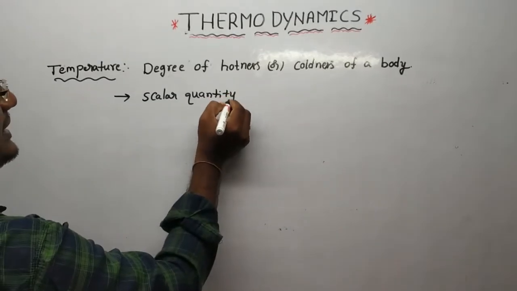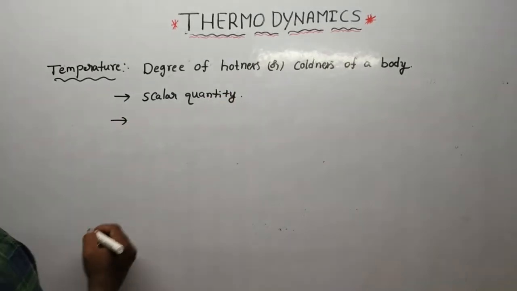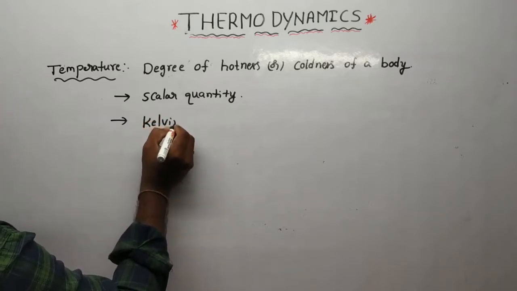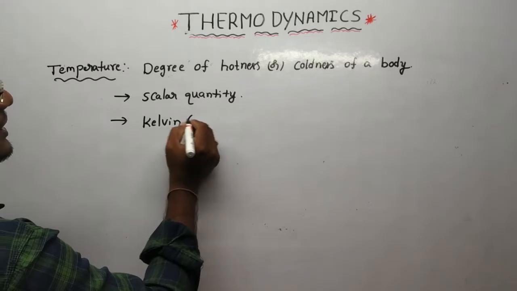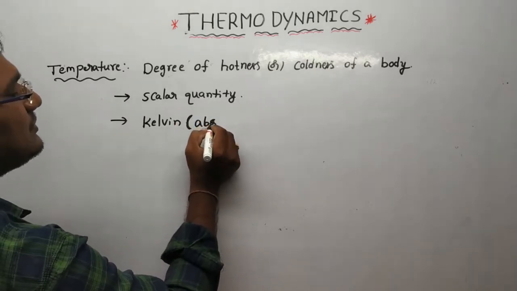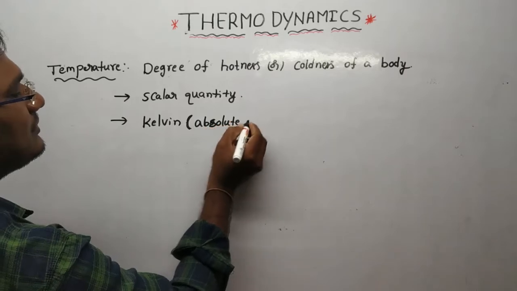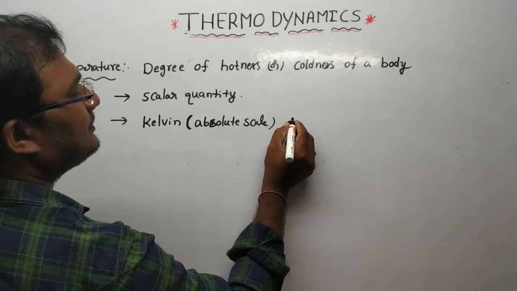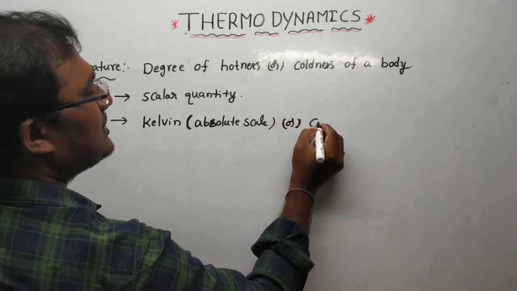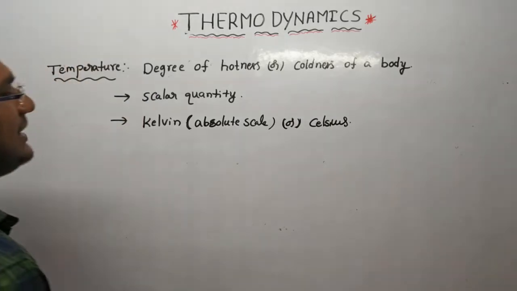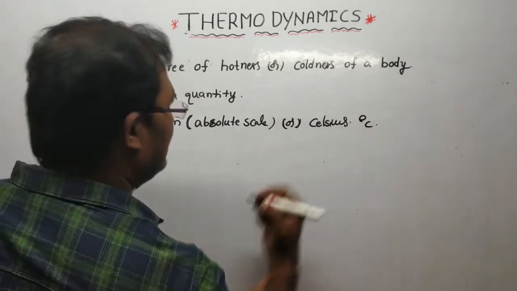It has only magnitude. The SI unit is Kelvin. The Kelvin scale is also called the absolute scale. Or Celsius, that means degree centigrade.